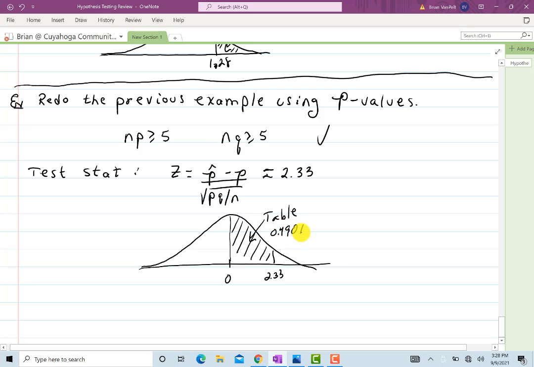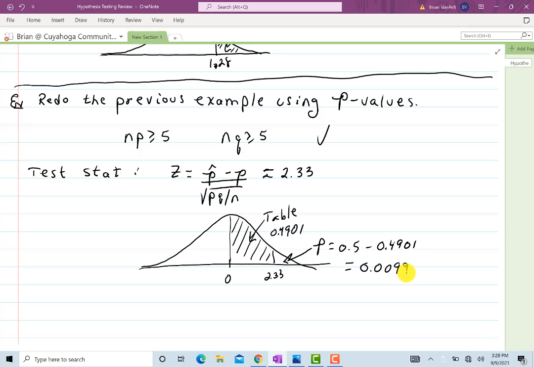We want what's out there. That's the p-value. And so to get that, we're going to do 0.5 minus 0.4901. And I think that's 0.0099. I believe. Let me do a quick check on that. And I get 0.0099.